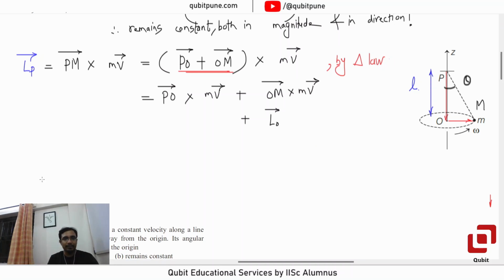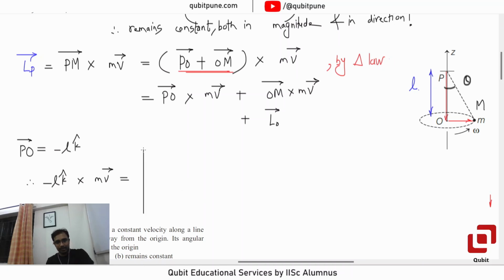This length is small l. So what will be PO bar then? Can I not say that PO bar is negative l k cap? Yes. So now let's find the cross product of PO bar with MV bar: negative l k cap cross MV bar.